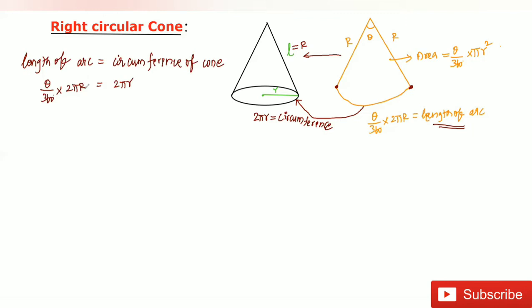So here I'm going to change that capital R, which is equal to the slant height L. So theta divided by 360 degrees into 2 pi into, instead of this R, I'm substituting L, which is equal to 2 pi r. I forgot to say one thing here. What are the things possible to cancel? Please, you can cancel. This 2 pi and 2 pi will be cancelled. Now what is the remaining I have? You can write that, children. Then you will get the required answer.